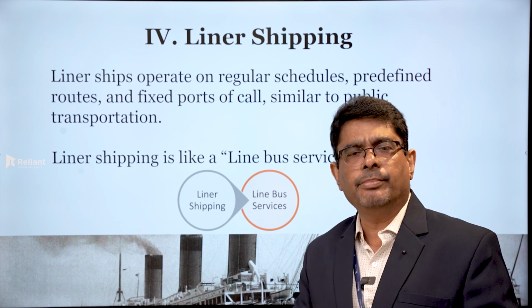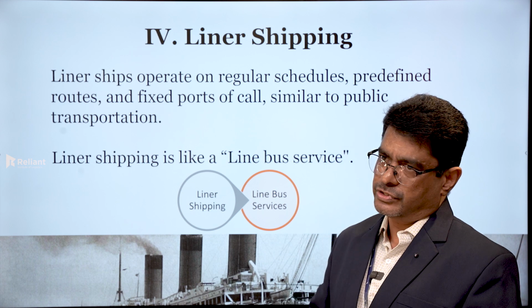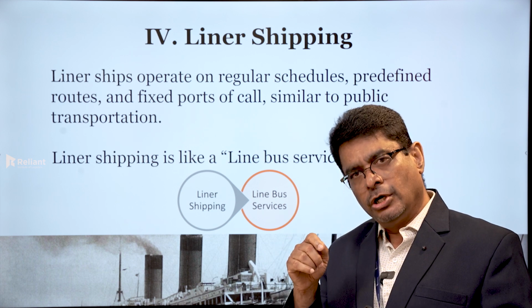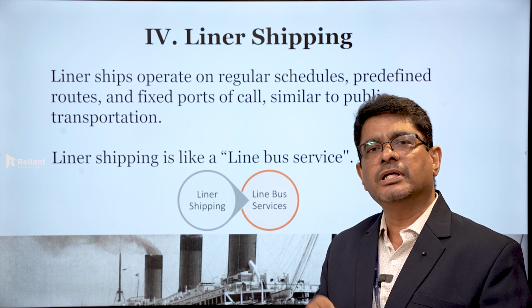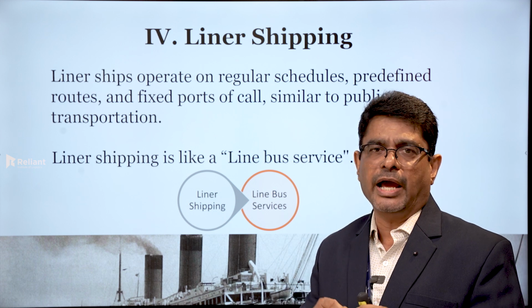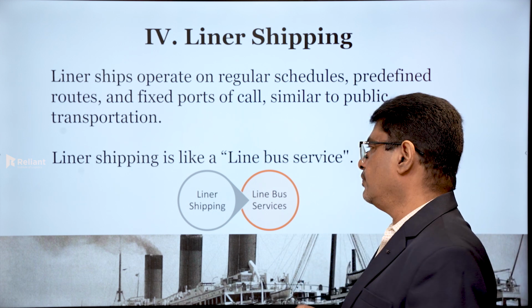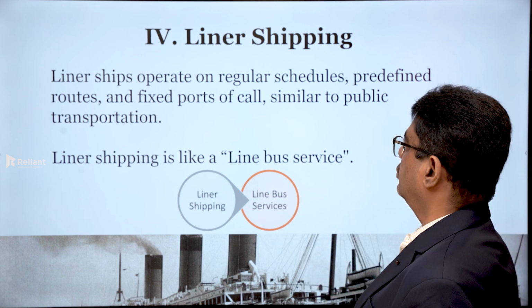You can compare liner shipping to a line bus service. A line bus service has a fixed schedule, fixed routing, and fixed bus stops. Similarly, liners have a fixed schedule and ports of call.